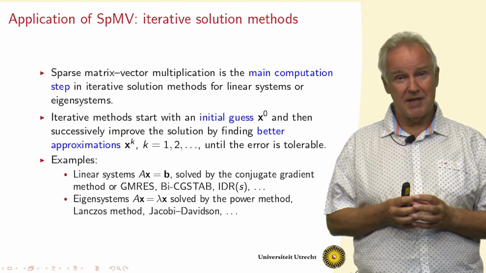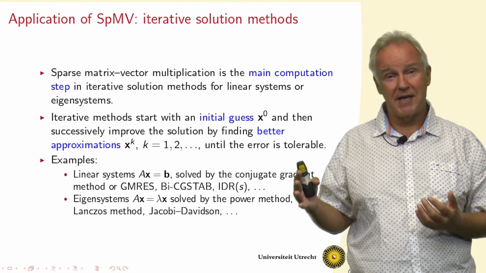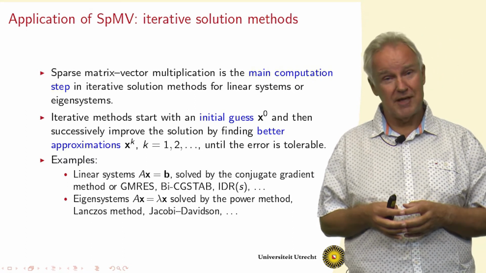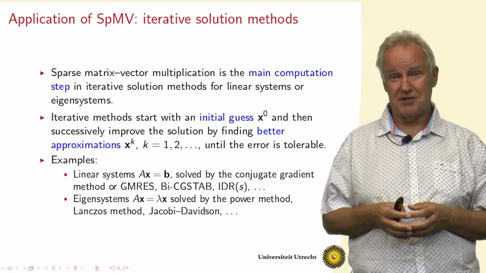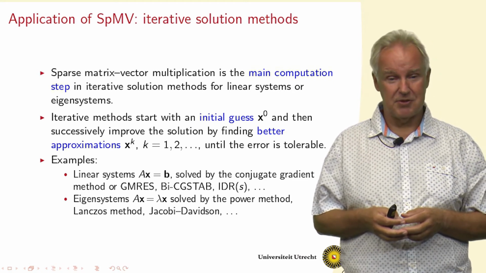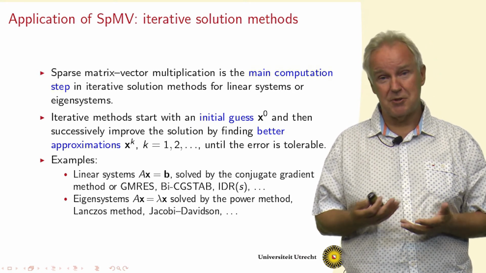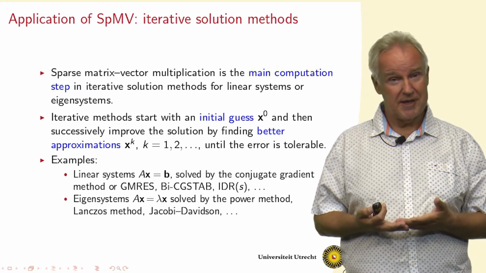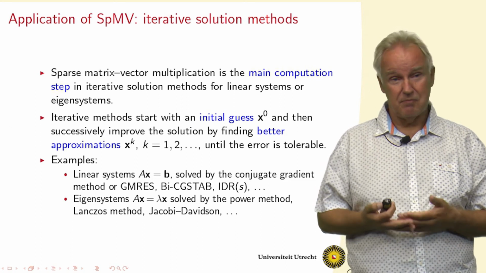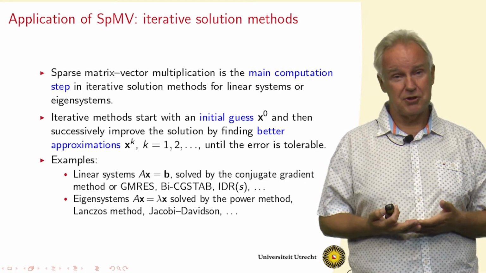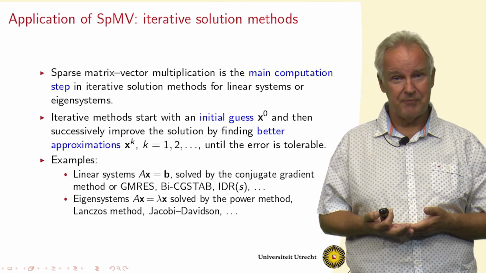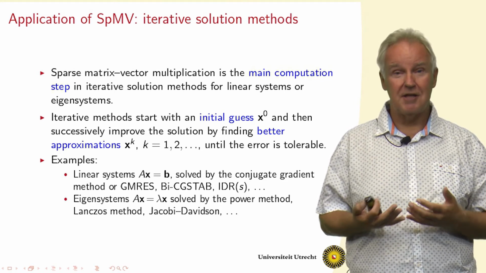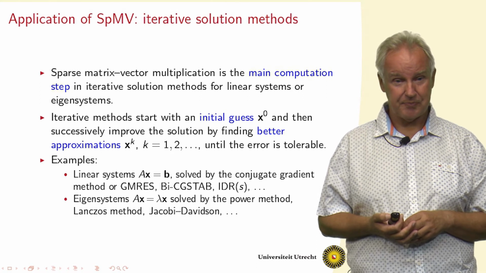An important application, traditionally for many years already in scientific computing, is the iterative solution of linear systems or of eigensystems. Linear systems Ax equals b can be solved iteratively by starting with an initial solution, it may be a random solution, and then successively improving this solution until you are satisfied.